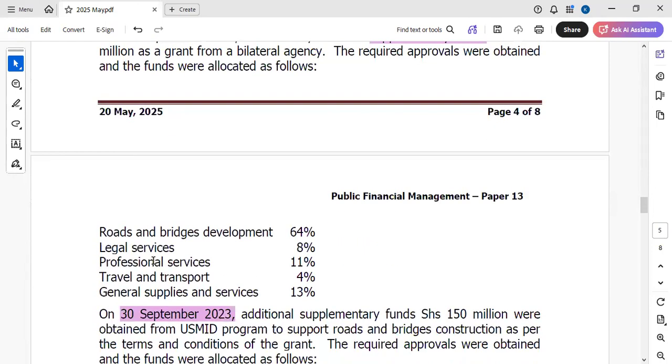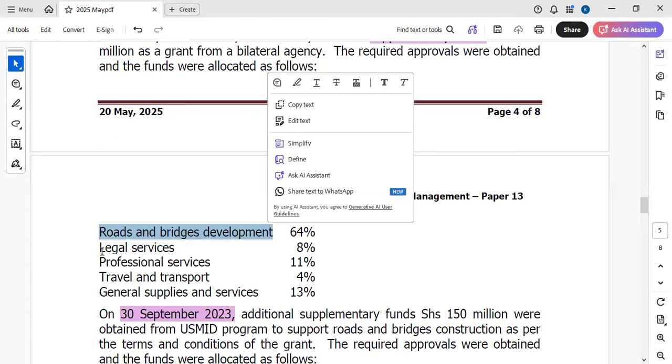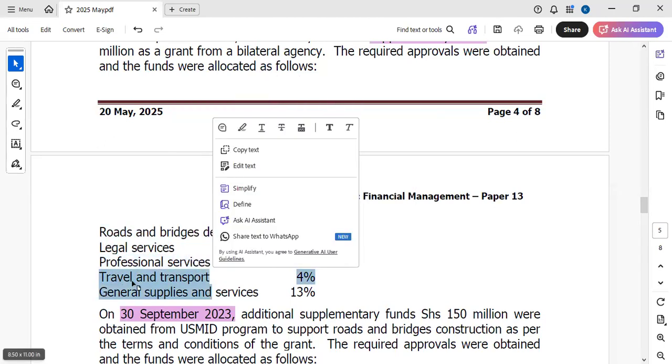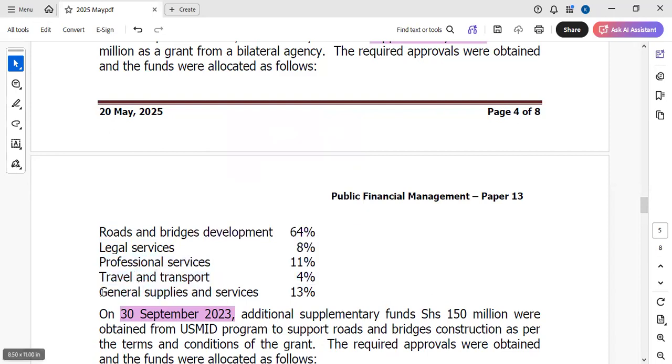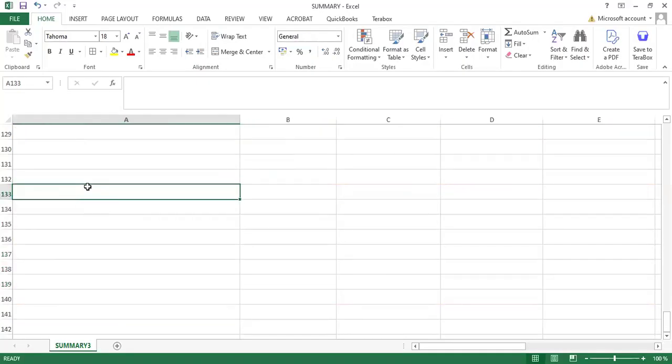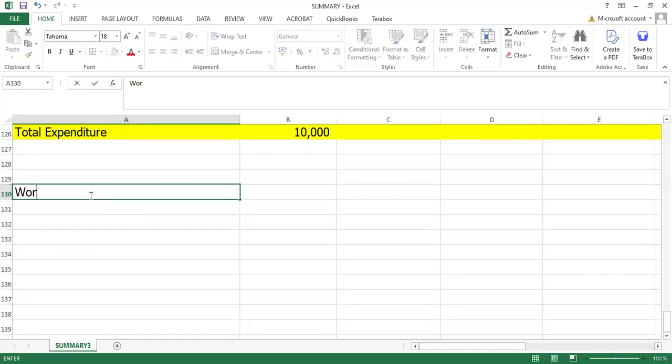So in my workings, I needed to have roads and bridges development, legal services, professional services, travel and transport, general supplies. These ones must be there. Let me create a working here. I say this is my working one.